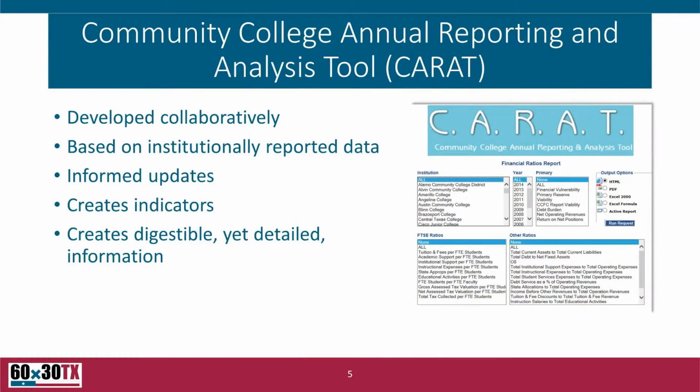On the right-hand side is what you would see if you pull up the CARAT website. It's available on our site. And of course, we're going to talk about some of the primary ratios that you see on the right up there under the CARAT in a little more detail. But underneath, quite often we get asked the question, what does that mean per student? We say, well, how much are tax revenues? That's going to create a disparate picture if you look at Dallas versus a small rural community college.